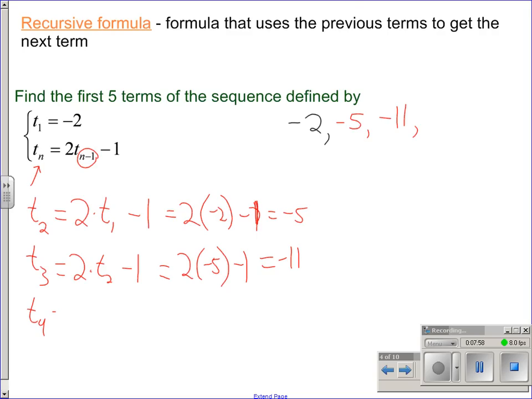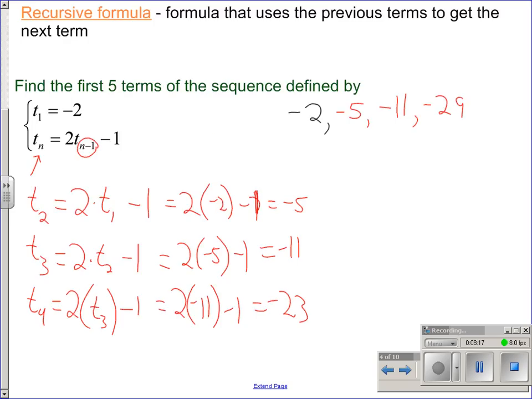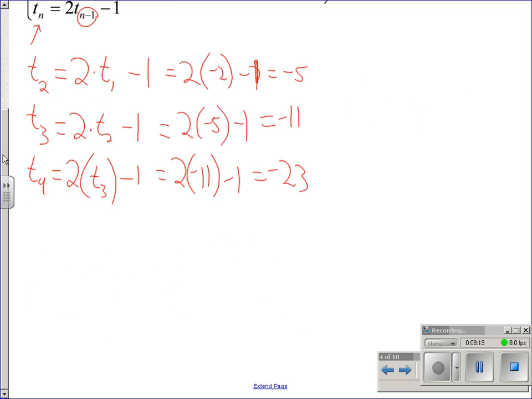For the fourth term, we take 2 times the third term, and then subtract 1. So 2 times negative 11 minus 1, negative 22 minus 1 is negative 23. Okay, this is the idea of how these recursive formulas work. So we wanted the first 5 terms, so the fifth term is 2 times the fourth term minus 1.